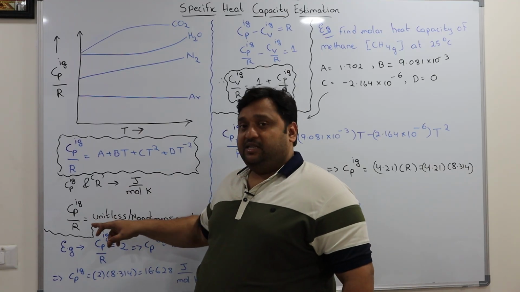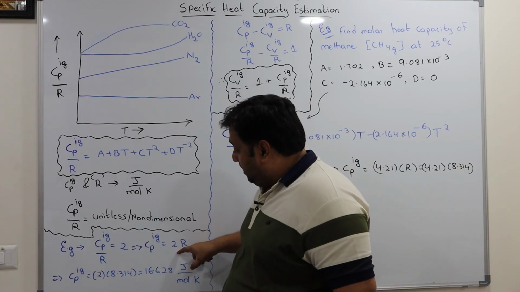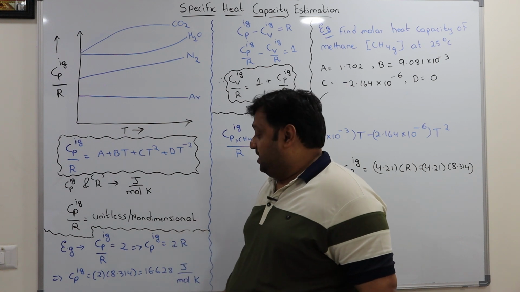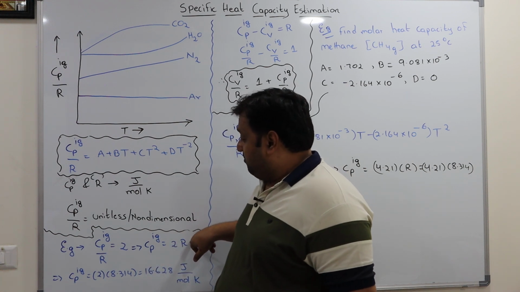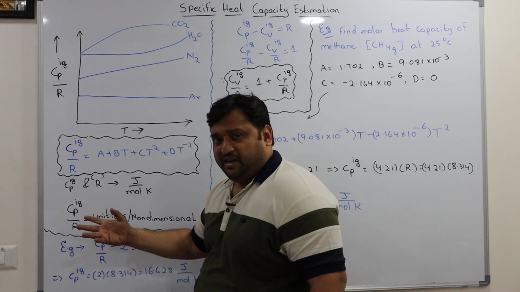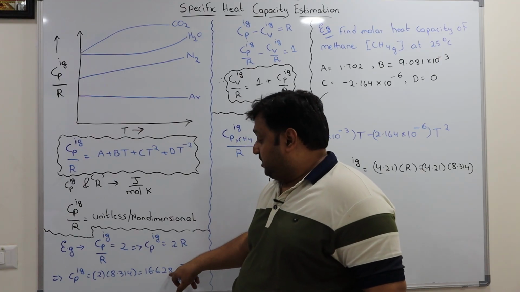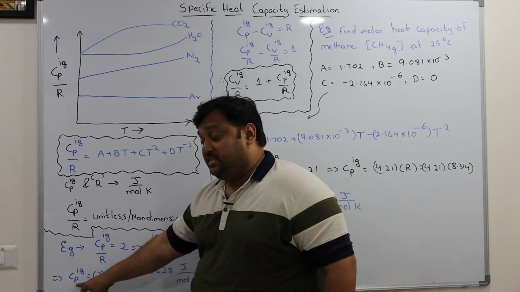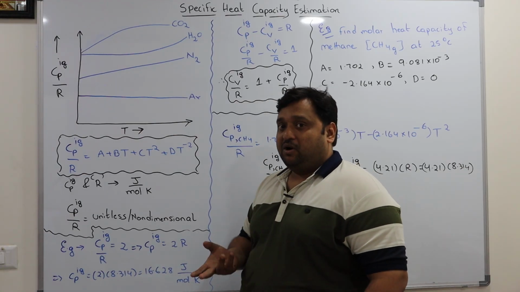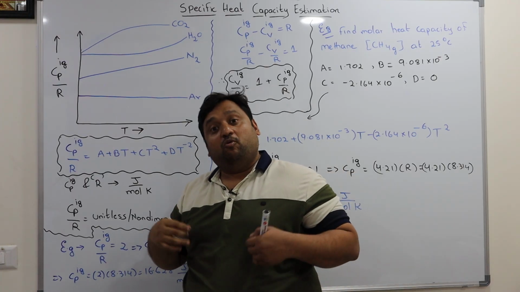If you know the unitless CPIG by R value, whatever units are taken by R will be the units of CPIG. For example, if I take R value as 8.314, then CPIG of that particular gas is 2 times 8.314, which is equal to 16.628. What will be the units of CPIG? The R units, which is joule per mole Kelvin. That is the advantage of getting CPIG by R rather than only CPIG.